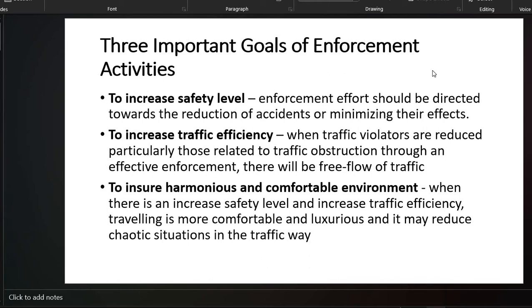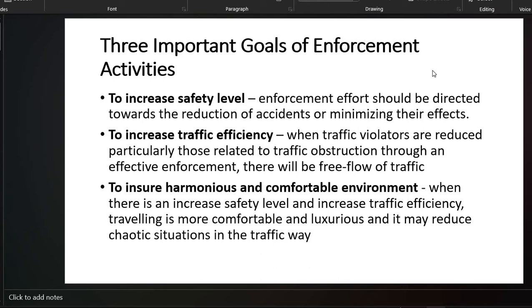When traffic violators are reduced, particularly those related to traffic obstruction through an effective enforcement, there will be free flow of traffic. So, yung mga ganito, kadalasan, di ba, it's either may banggaan, dapat may nag-a-assist agad para matuloy-tuloy yung flow, hindi magsanga-sanga, hindi mag-rumble-rumble.